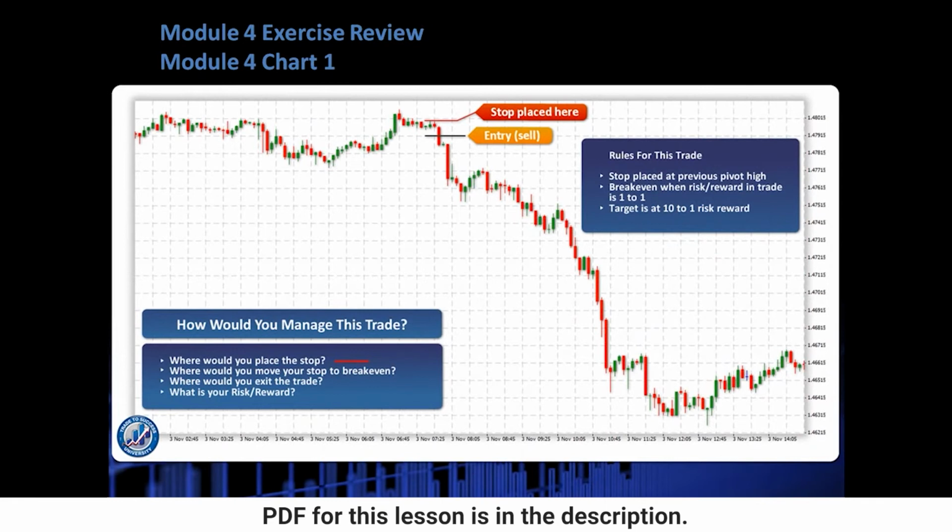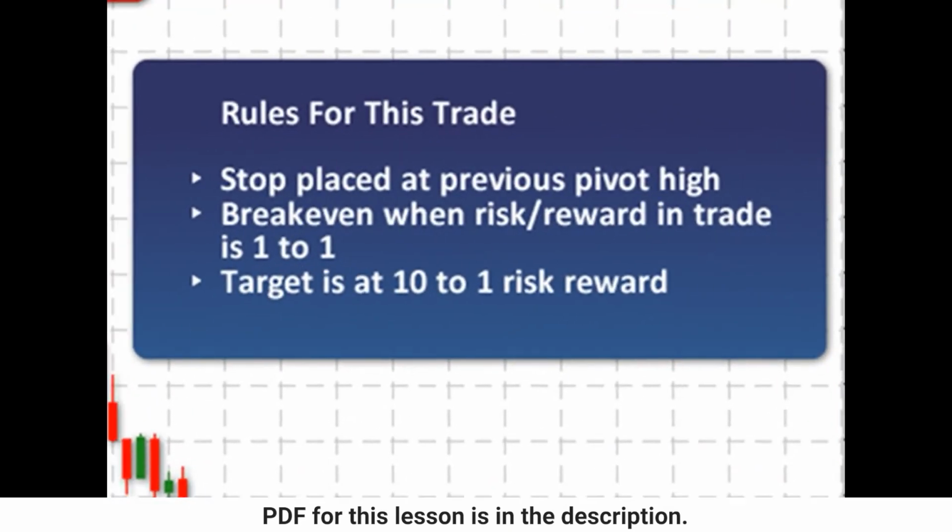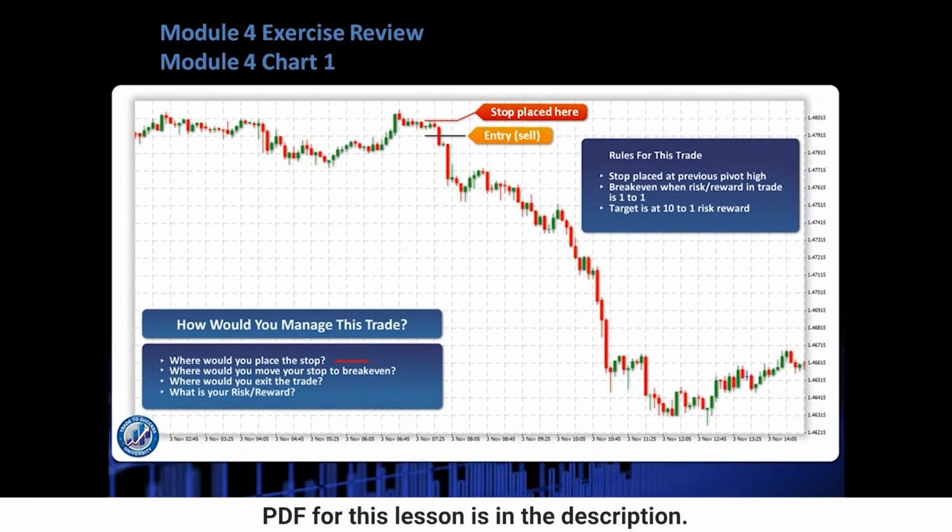What about moving your stop to break even? Where will you move your stop to break even? Well, our rule is that the break even is when the risk reward in the trade is 1-to-1. What that means is when the profit in the trade equals the same amount of pips that we risked in the trade, that is when we will move our stop to break even.